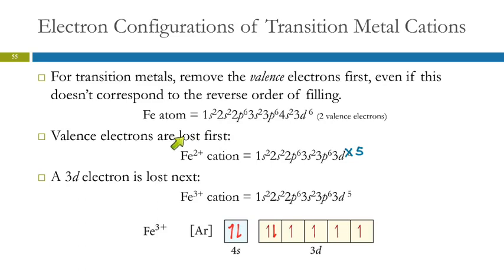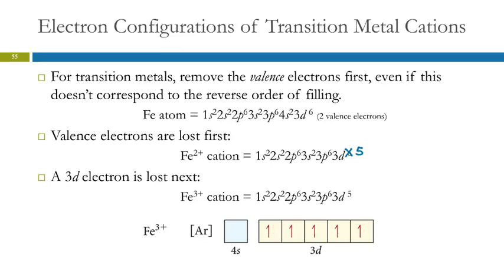So looking at the neutral atom, we've got 4s2 and 3d6. So when this becomes an ion, we're going to take out the valence electrons first. So I'm going to take this one out. Now it's a +1 ion. I'm going to take this one out. Now it's a +2 ion. And then I'm going to go into the 3D.